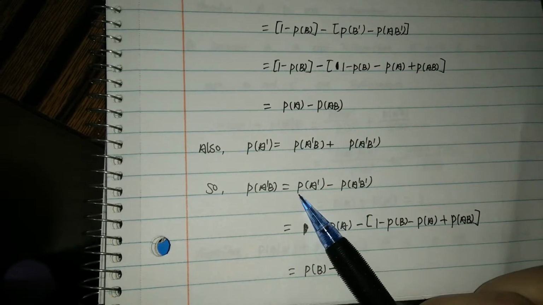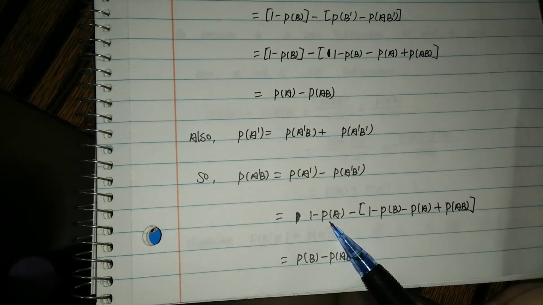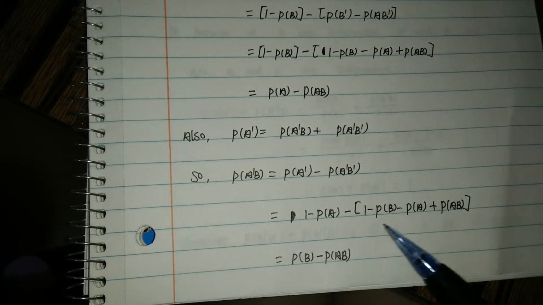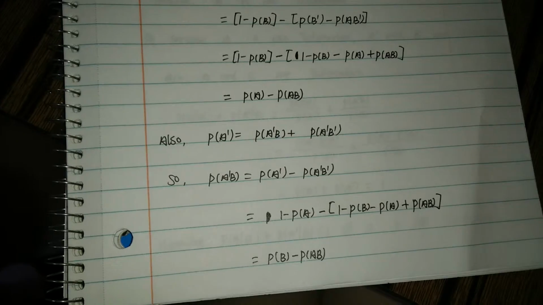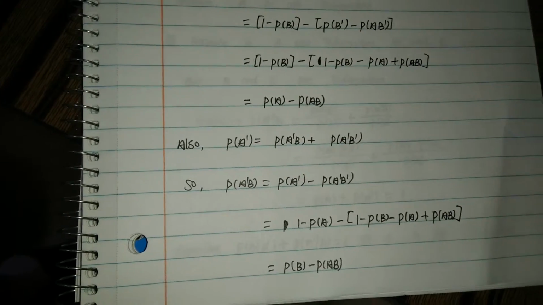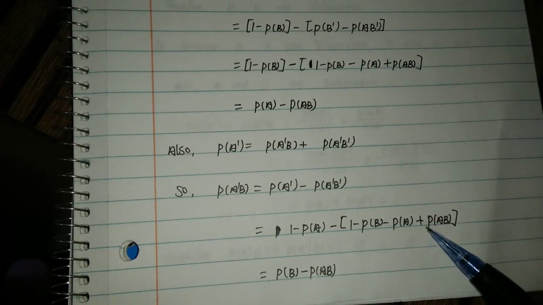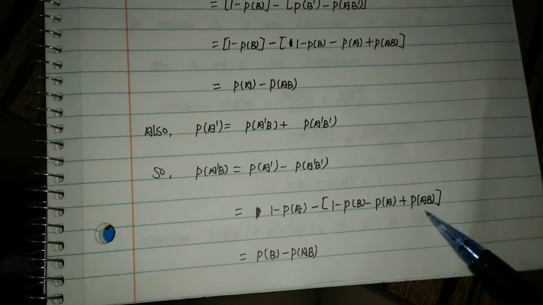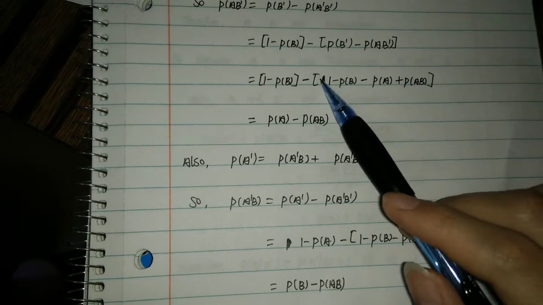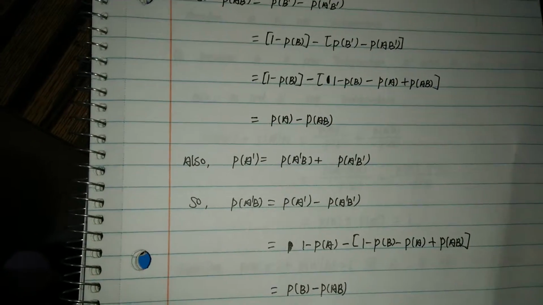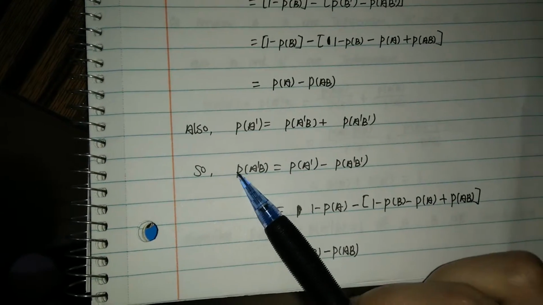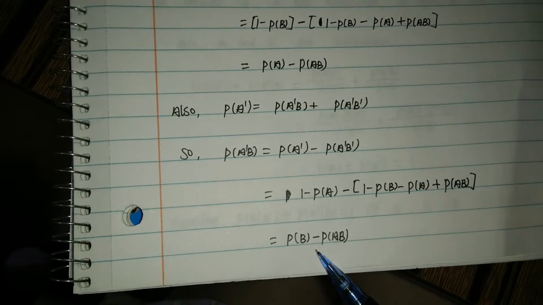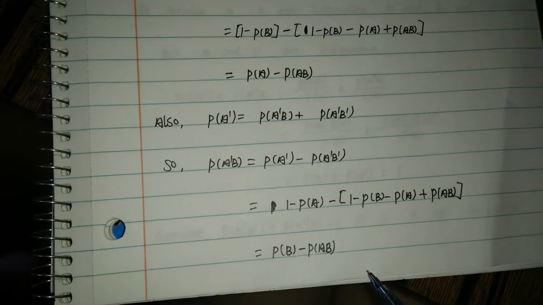And the probability of A naught equals 1 minus probability of A. Probability of A naught times B naught equals 1 minus probability of B minus probability of A plus probability of A times B. We can know this equation from the last proof. So we can get the probability of A naught times B equals probability of B minus probability of A times B.